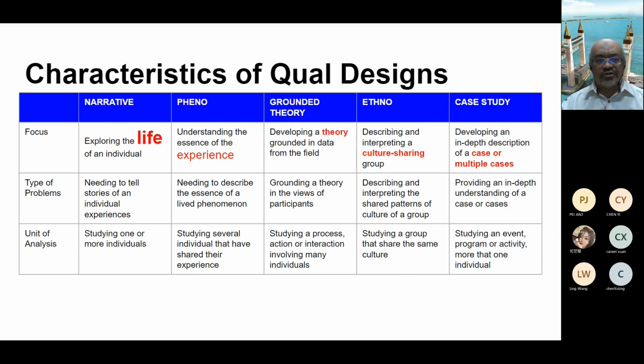So when we get the findings, it should be something interesting. People might be interested. There is something we're going to learn from the experience of this person. So we're going to interview individuals rich with experience.